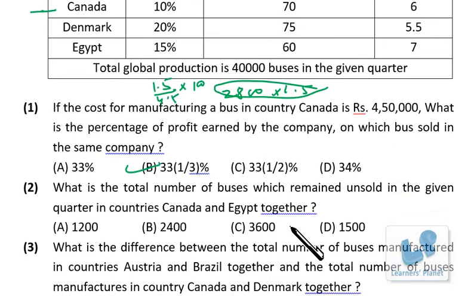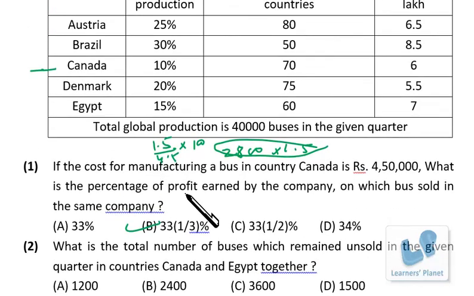What is the total number of buses which remain unsold in the given quarter in countries Canada and Egypt together? So Canada is 10%, and 10% is 4,000. Of 4,000, 70% is sold, so 30% is not sold. So 30% is 1,200.